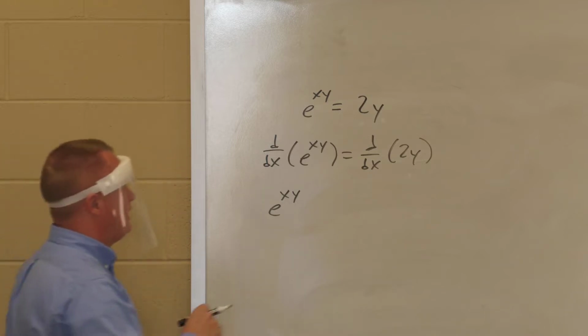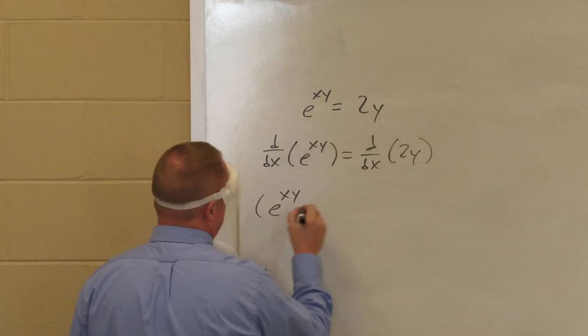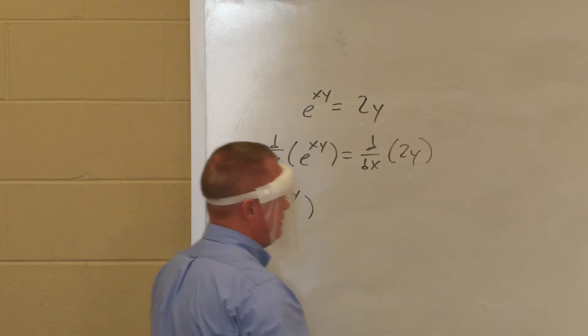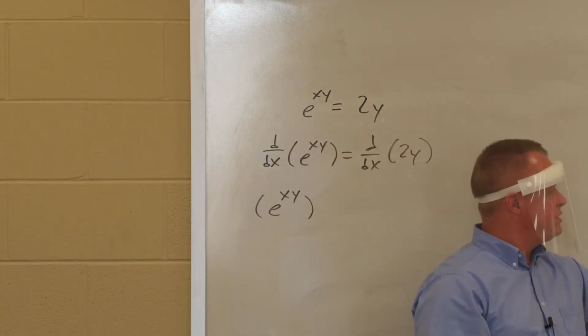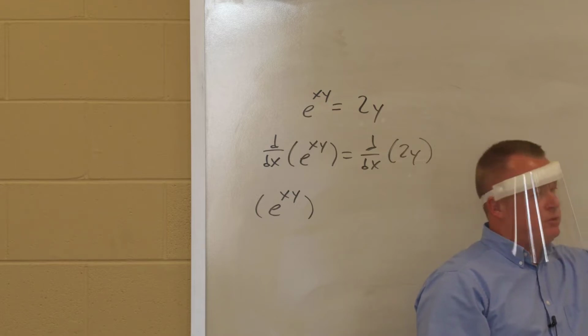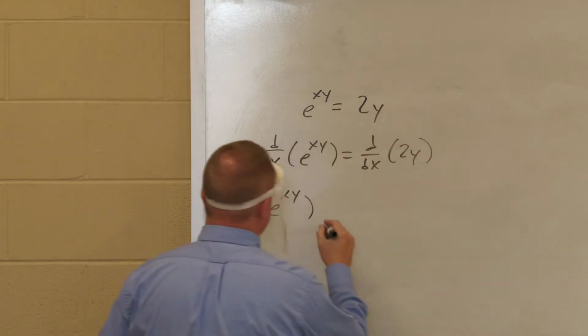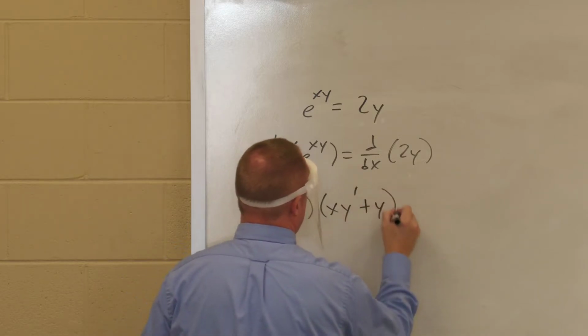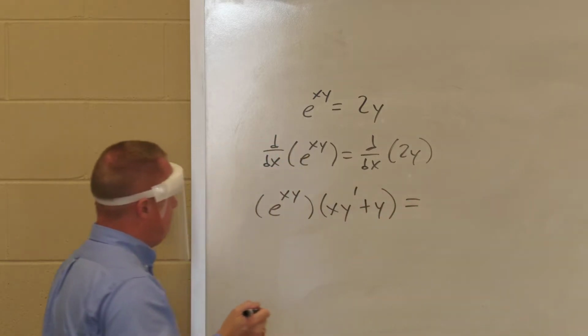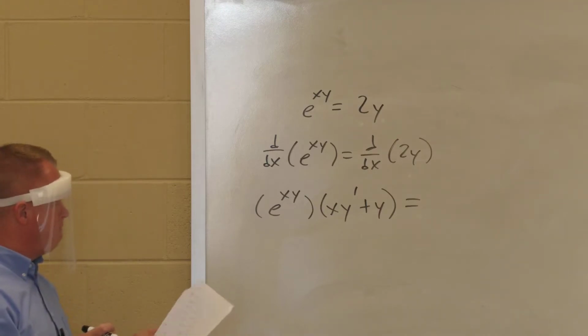Okay? So I got to take the derivative of xy and multiply times that. I did that over there, right? This is the derivative of xy. First times derivative of the second, plus the second times derivative of the first. So this is x. I'll go ahead and leave it y prime for this one. Okay? So that's your left side there.